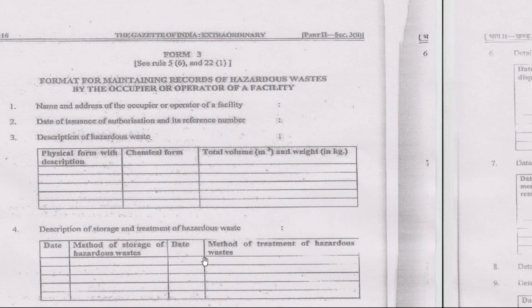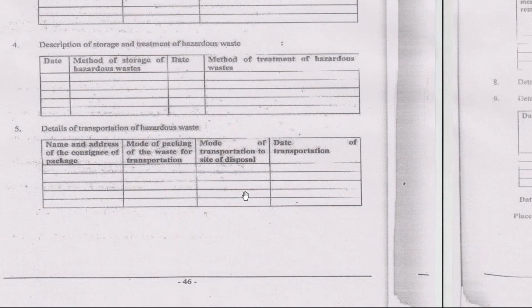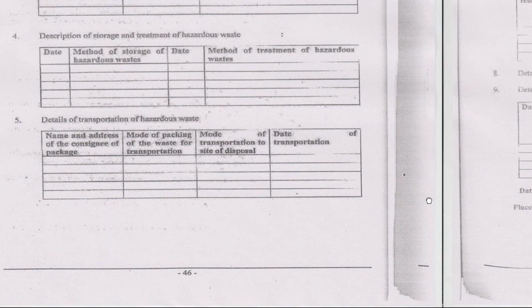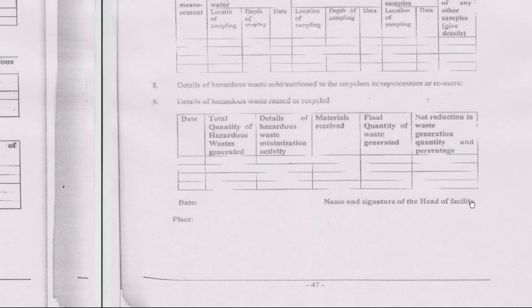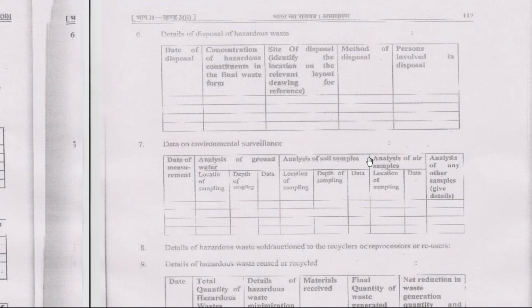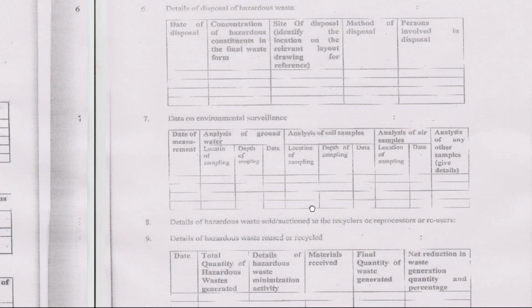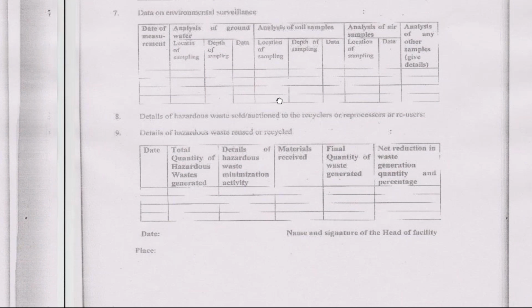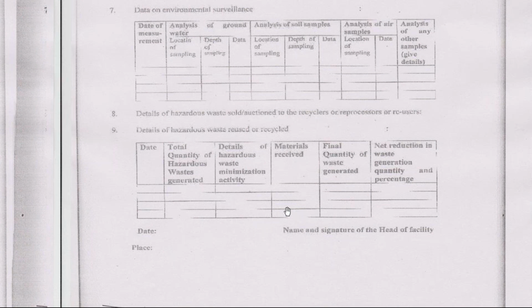These are the different details regarding this hazardous waste, that is the physical or chemical properties, the forms and their volumes or weight and their description, etc. These are the different points covered under this Form 3. You can go through details of disposal of hazardous waste, then the data on environmental surveillance, then the details of hazardous waste sold, auction to.